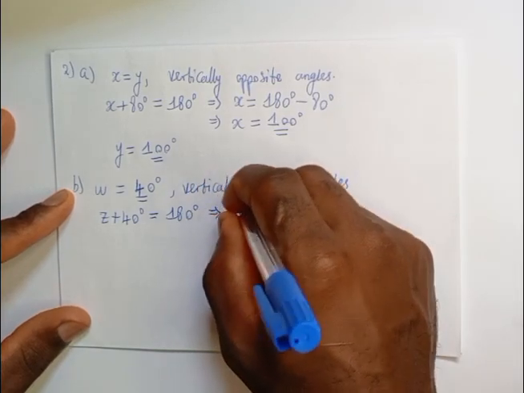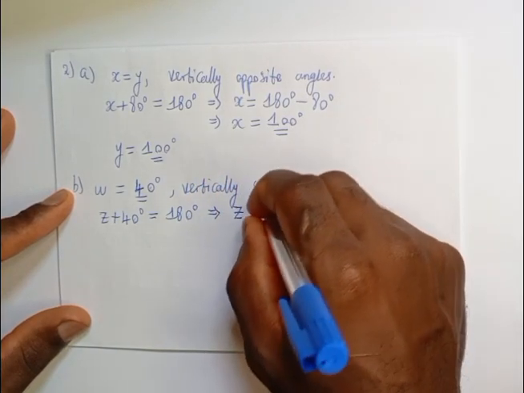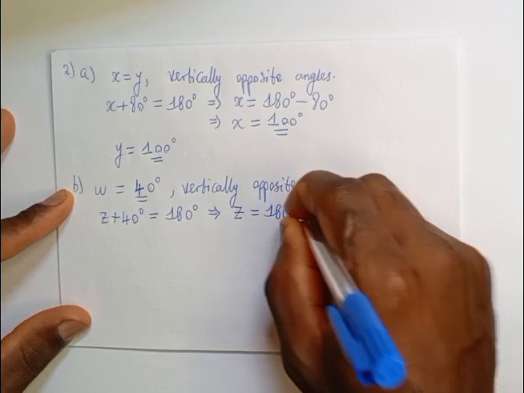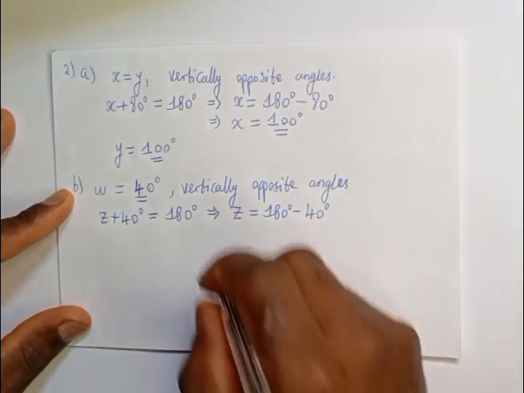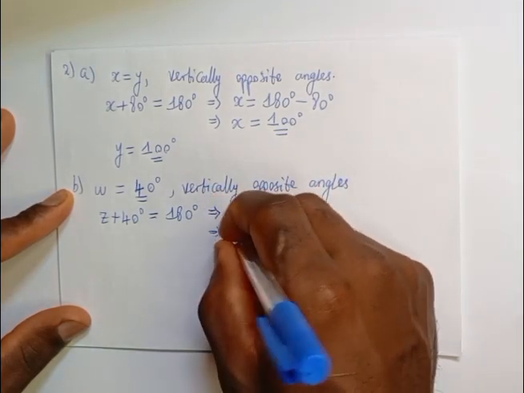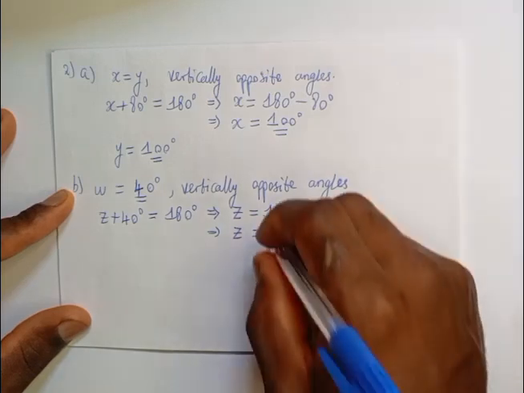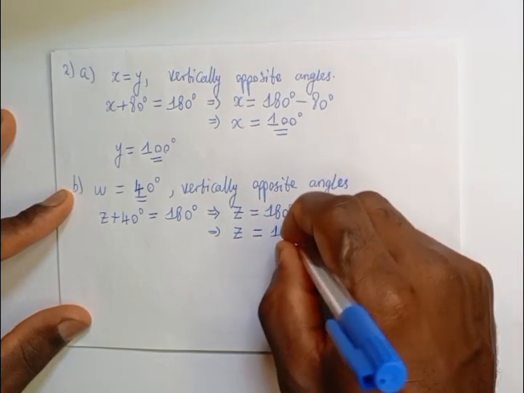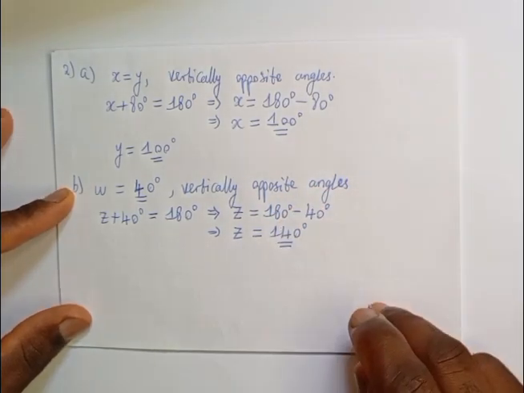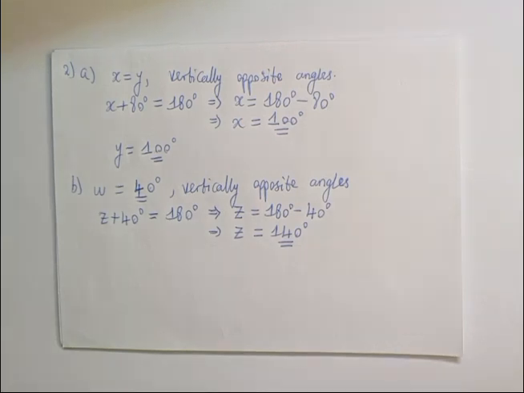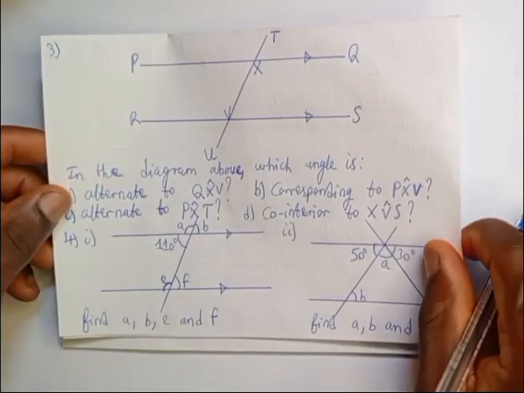Then the angle Z will be equal to 180 degrees minus 40 degrees. Then our Z will simply be equal to 140 degrees. We are done with question 2. We move now to question 3.